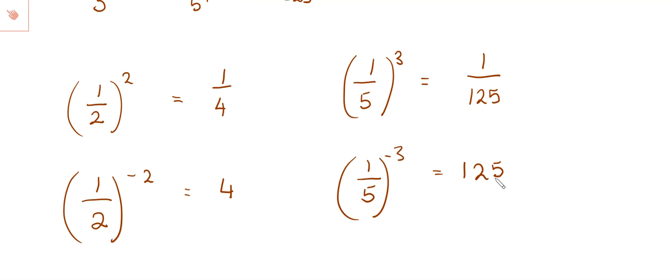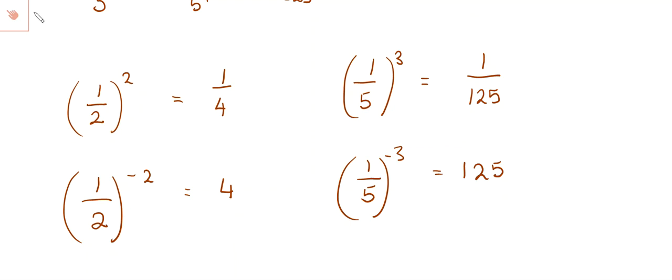Why is it not 1 over 4? Why does the negative sign not make it 1 over? Well, that was my way of explaining it before, but the difference is I've already got 1 over a half, 1 over 2.